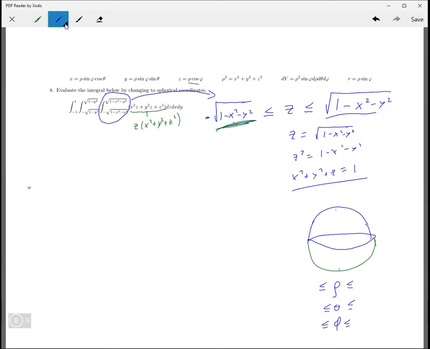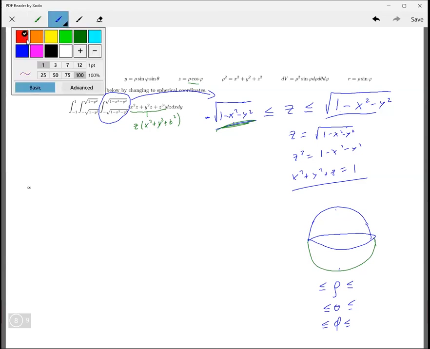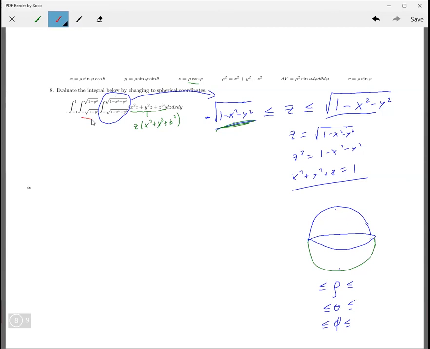So here, this one right here, x is going from here to here.